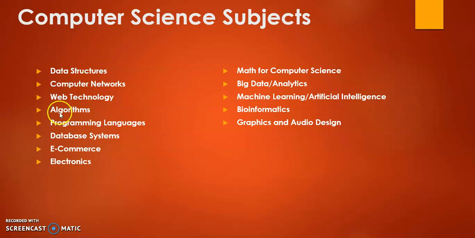Another important subject is algorithms. Here's where computer science starts to get fun. Algorithms are sets of rules to be followed in calculations or problem solving applications, and they are one of the keys to computer science.